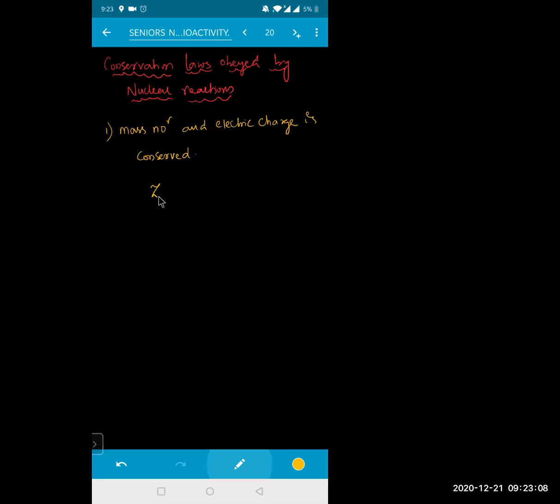That is, the sum of all the initial atomic numbers Z must be equal to the sum of all the final Z, and the sum of all the initial mass numbers must be equal to the summation of all the final. Okay, that is the first point.